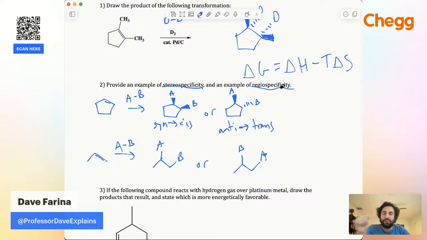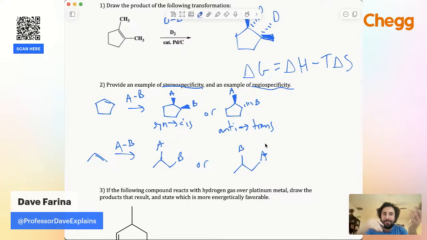Specificity in general means you get only one and not the other. Selectivity means you get a distribution, but there's a statistically significant preference, it goes one way more than the other. So let's say you get 80-20.